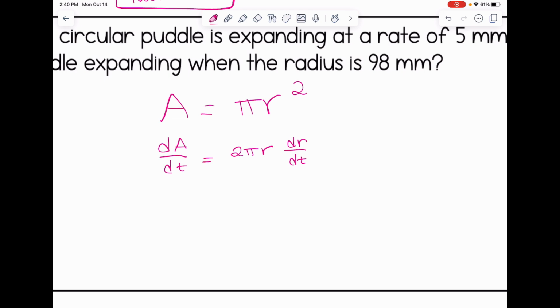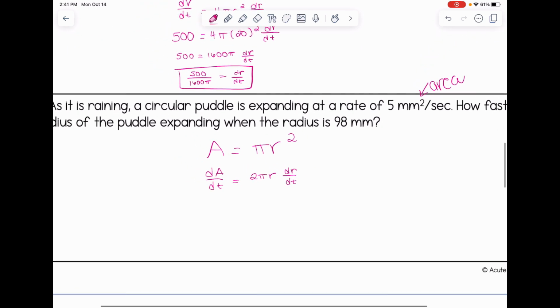All right, now that we have our formula set up, we have our derivative taken, we're going to plug in everything that we know. So we know the radius is 98. We're looking for the rate of change of the radius, so we're looking for dr/dt, and we know that the rate of change for the area of the circular puddle is 5.